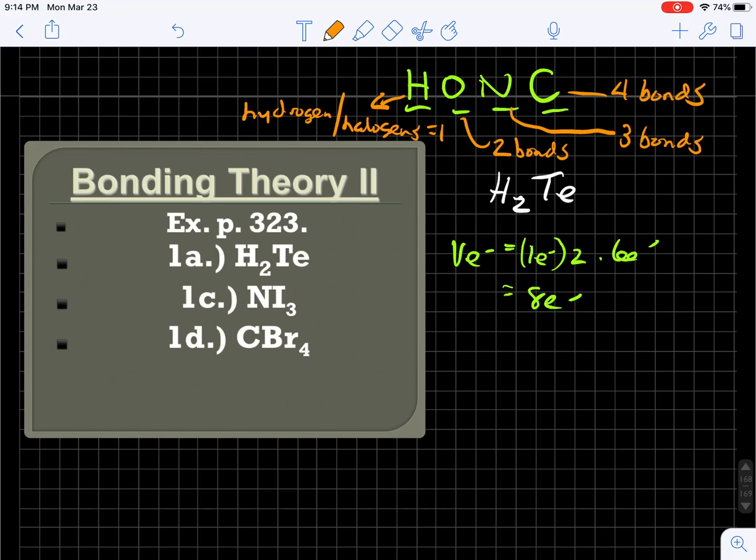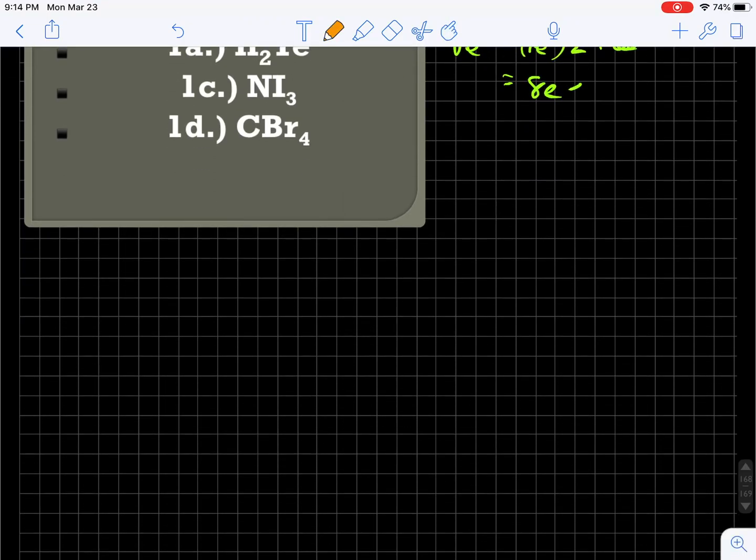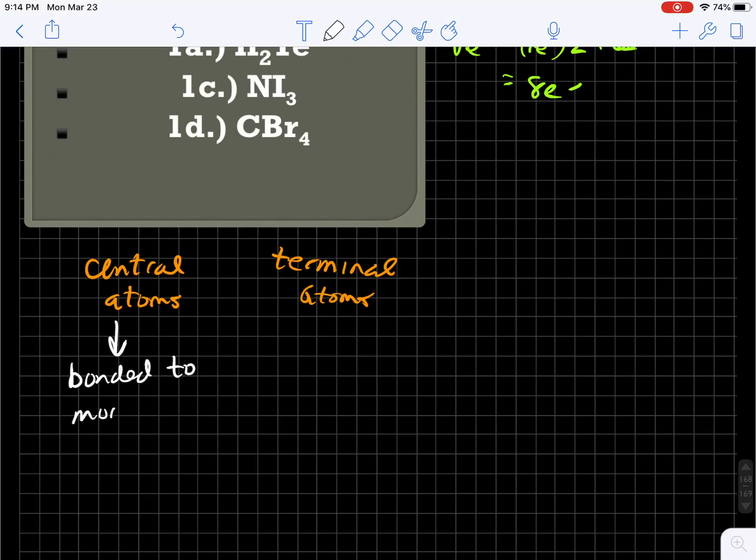So when you talk about atoms, there are 2 types in a molecule. There's what we call the central atoms and terminal atoms. And the only difference between the two is that in a central atom, that atom is bonded to more than one other atom.